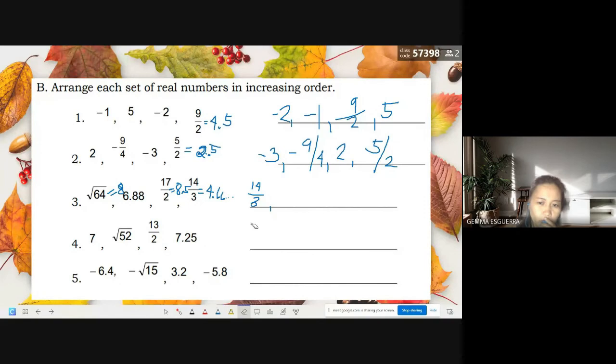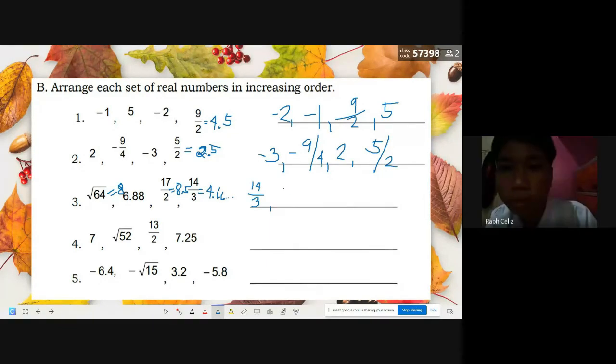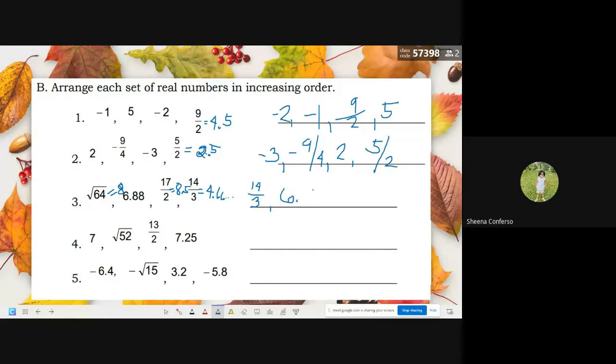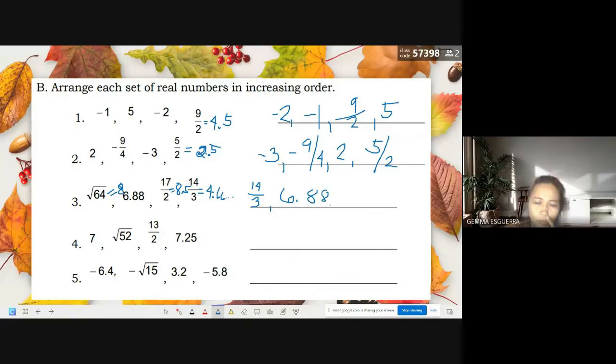Next, what will be next? 14 over 3. Tapos ano pa po? 6.88 po. That is 6.88. And then 8, saka po lalabas si square root of 64 pala. And then, last is 17 over 2.